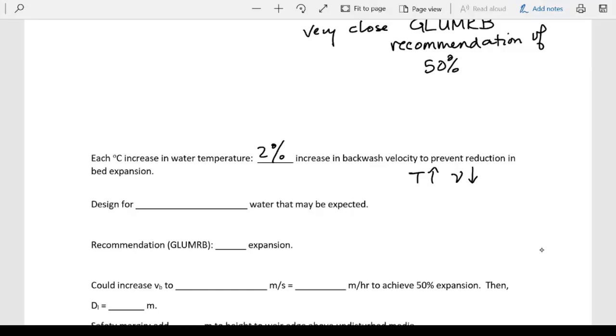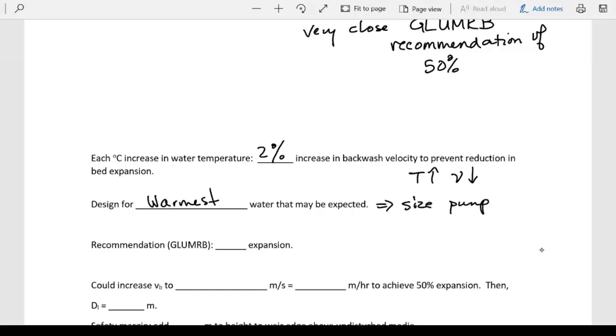And that temperature affects sedimentation, it affects the backwash velocity calculations, etc. You want to design for the warmest water that can be expected, and that's in order to size your pumps.